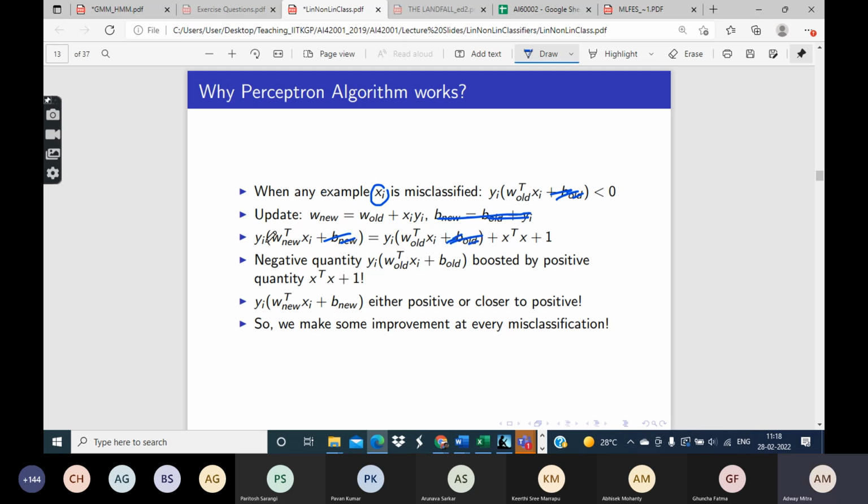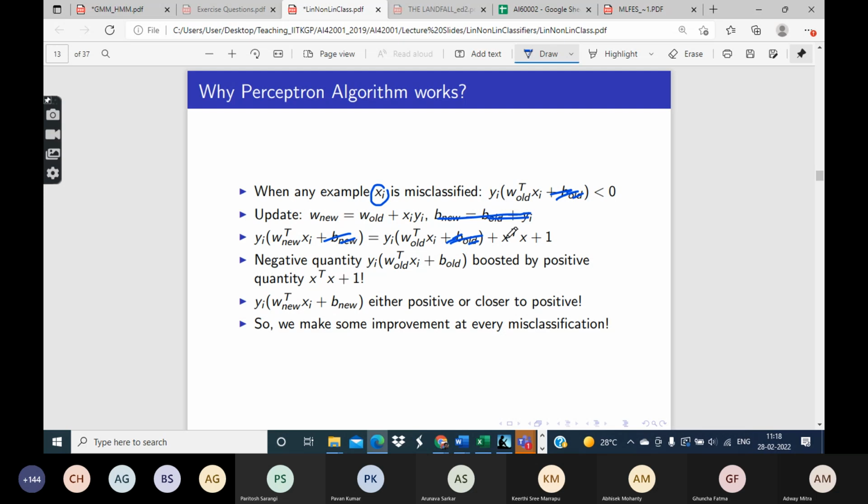What happens now? Yi into W new transpose Xi. We have to see whether this product is positive or negative. We know that W new is equal to W old plus Xi Yi, so I can write it out in the following way.